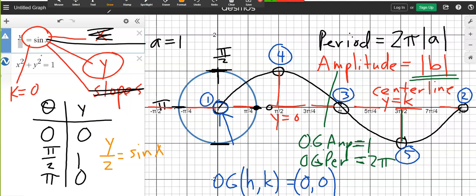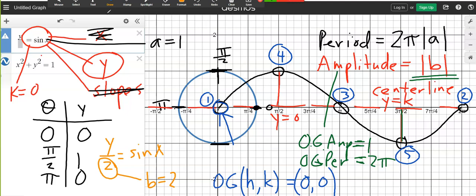Now my question is, we see that this has a b value of 2. Is that going to change the period or the amplitude? Since the b value is 2, is that going to change the period or the amplitude? Amplitude.